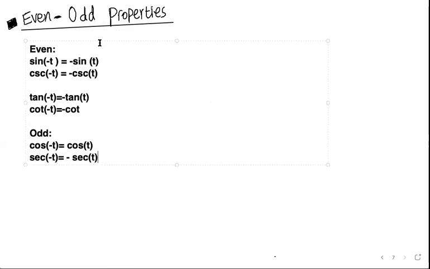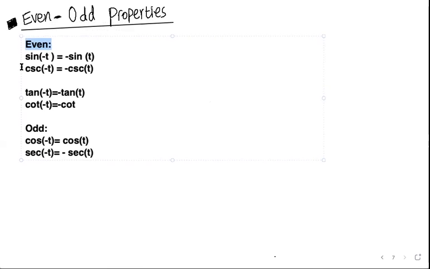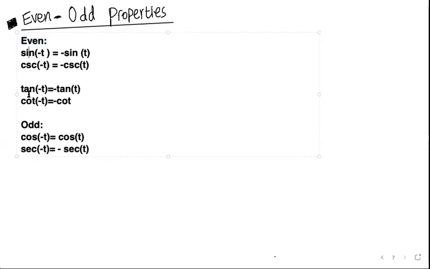You have to know the only even function is the cosine function and the secant function, and the odd function is the sine function and the tan function.